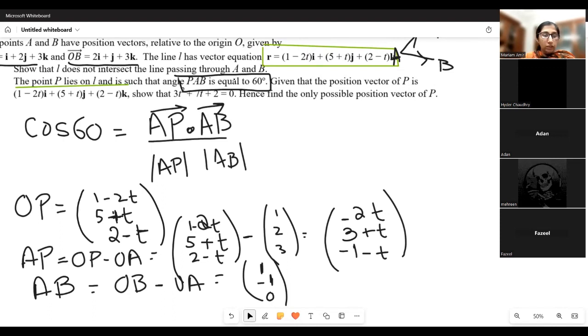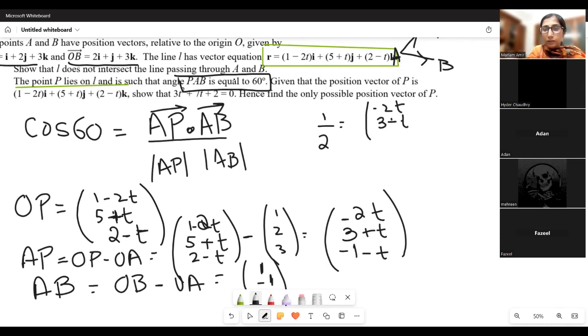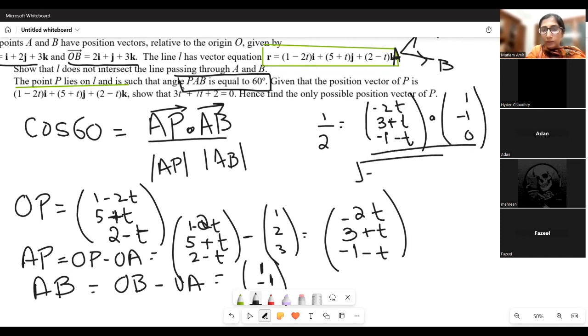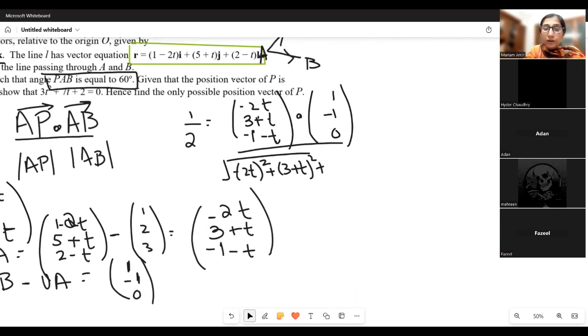Now, let's equate it. Substitute the values in the equation. What is cos 60? That's half. So half equals AP, which is minus 2t, 3 plus t, and minus 1 minus t, dot product with 1, minus 1, 0, which is AB, divided by minus 2t whole square, which should just be 2t square, plus 3 plus t square, plus minus 1 minus t, which is the same as 1 plus t.